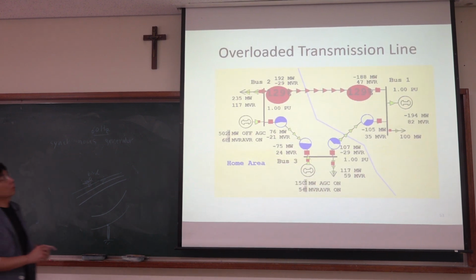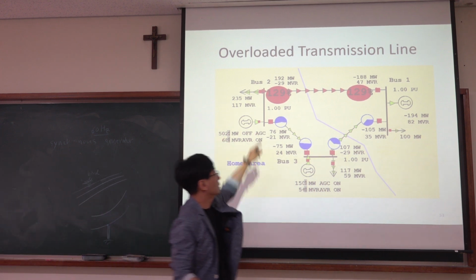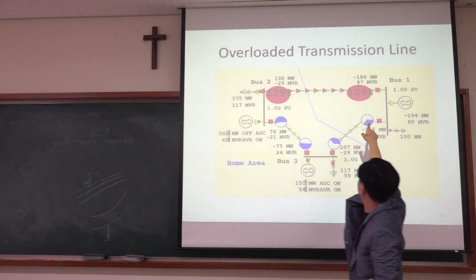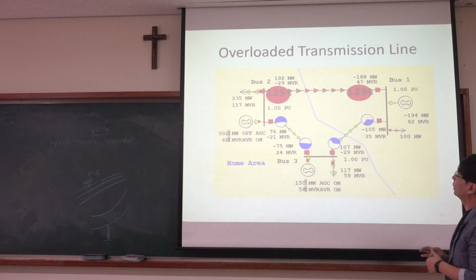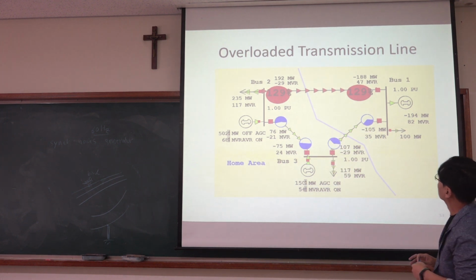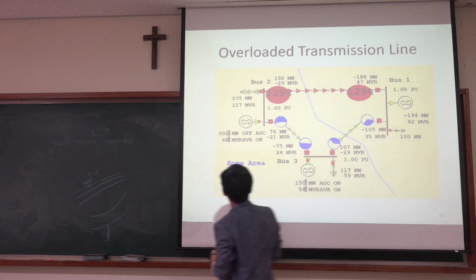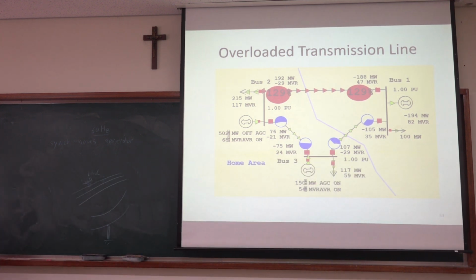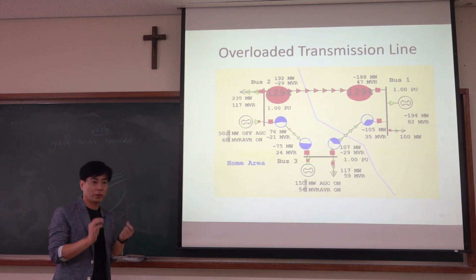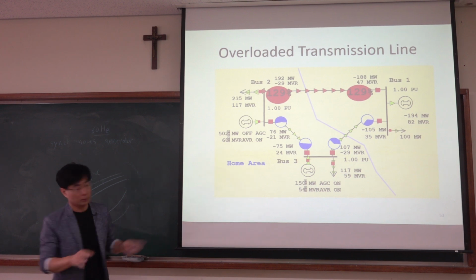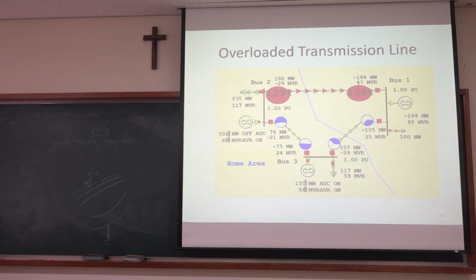It shows the overloaded transmission line in red, 129%, so 29% overloaded. Overloading a transmission line for a short period of time is kind of okay. But that is not allowed for a long time.